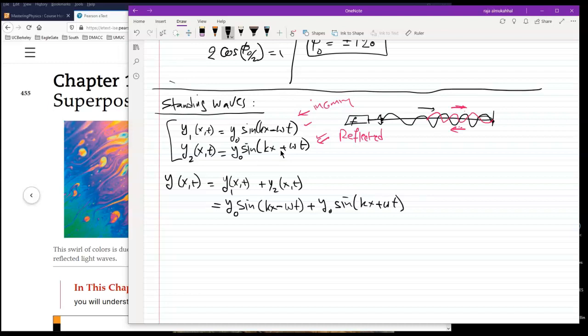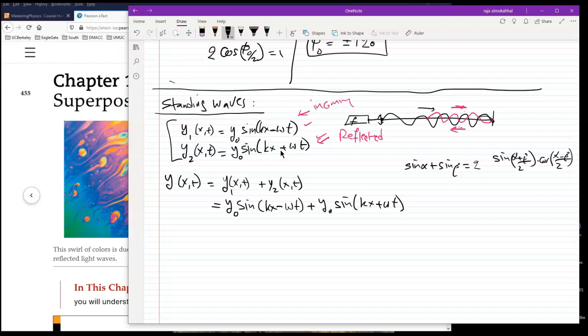Then I'm going to use the same identity that I used before: sine alpha plus sine beta is equal to 2 sine of (alpha plus beta) over 2 times cosine of (alpha minus beta) over 2.